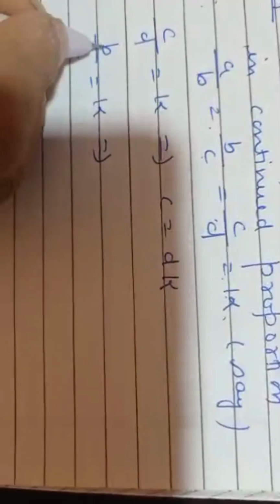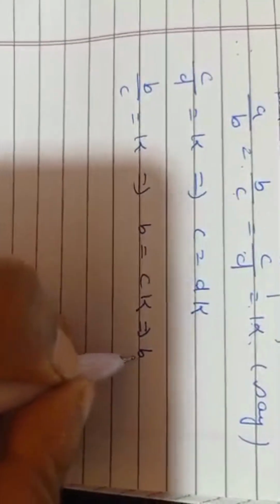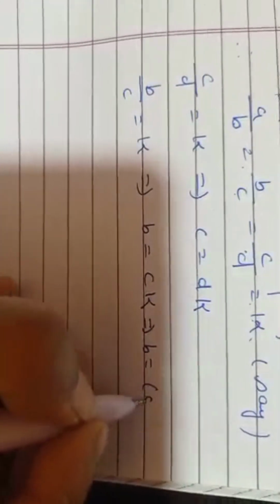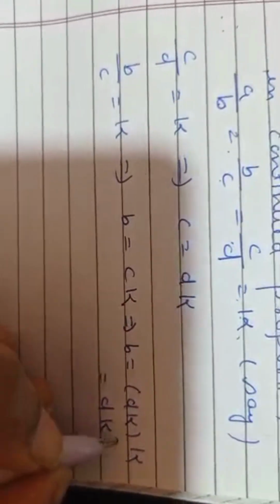C upon D is equal to K, which implies that C is equal to DK. And B upon C is equal to K, which implies that B is equal to, transposing C to the RHS, CK. Now I am putting the value of C from here: B is equal to DK into K, that is DK square.